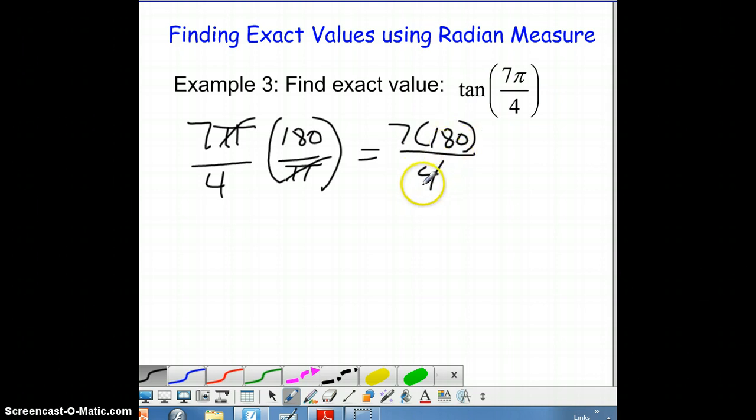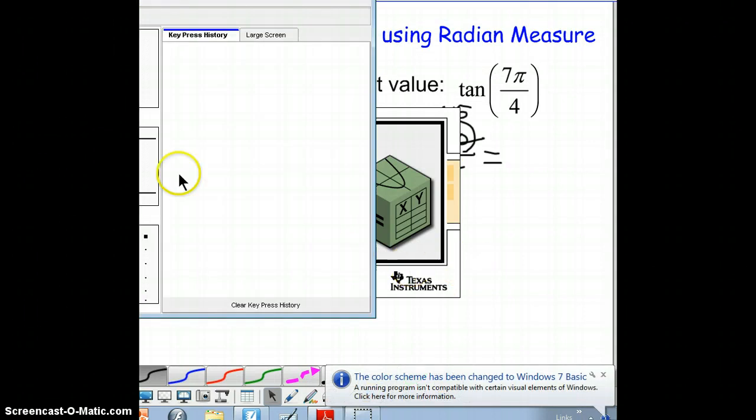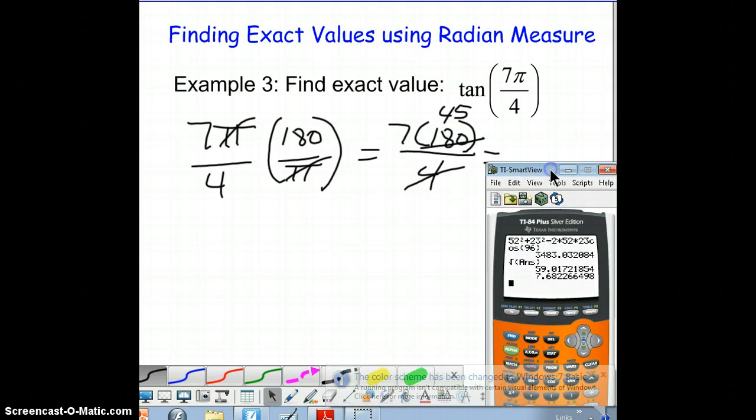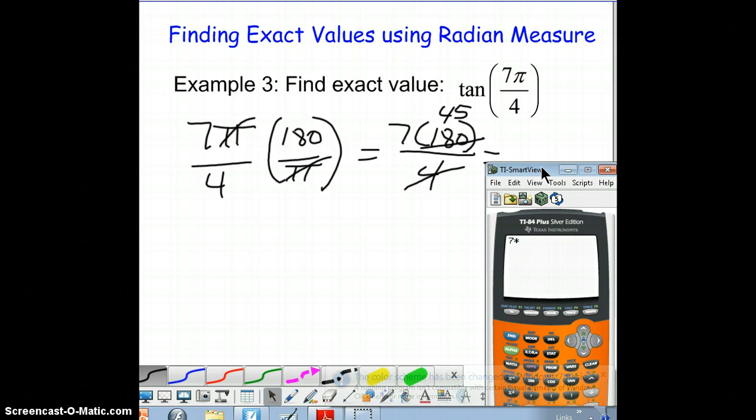Because I don't like multiplying big numbers as much as possible, I'm going to simplify, because I know that 4 goes into 180 45 times, and 7 times 45 is just 315.